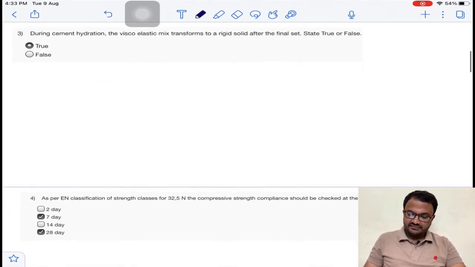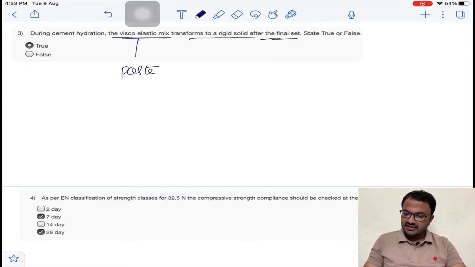And next question. During cement hydration, the viscoelastic mix, which is nothing but a paste, transforms to a rigid solid after the final set. The statement is true or false.